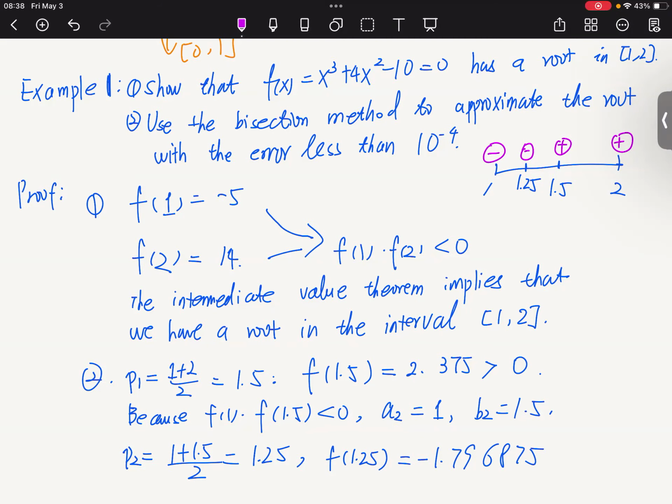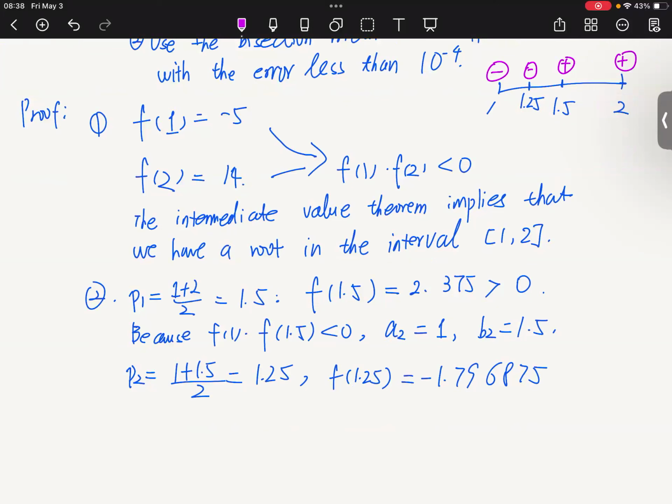And so this is a new interval, and I'm going to set, okay, because f(1.25) times f(1.5) is negative, they have opposite signs, and so my A3 equals 1.25 and B3 is just 1.5.